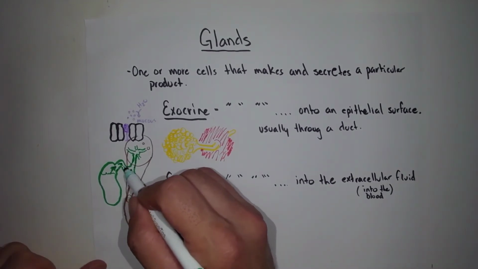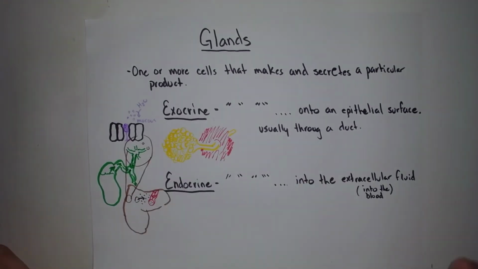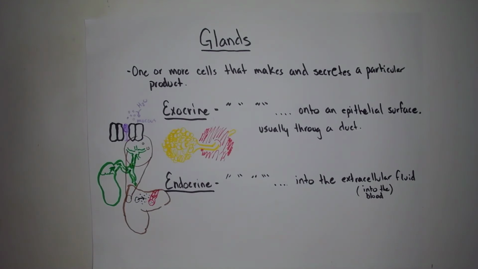So in this case, the liver also has some exocrine function. The pancreas is another example.